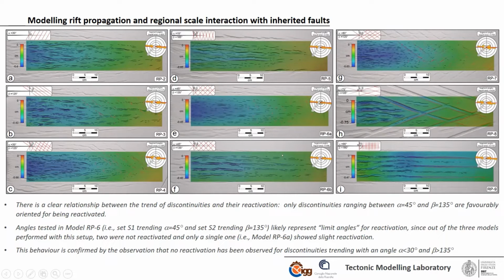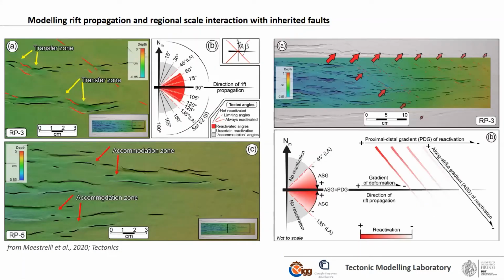By applying this parametrical approach, we were able to obtain an existence field for fault reactivation. So we now know that between the 45 degrees and the 135 degrees angles, which is the angle between the inherited structure and the direction of rift propagation, we have the formation of strike-slip transfer zones.